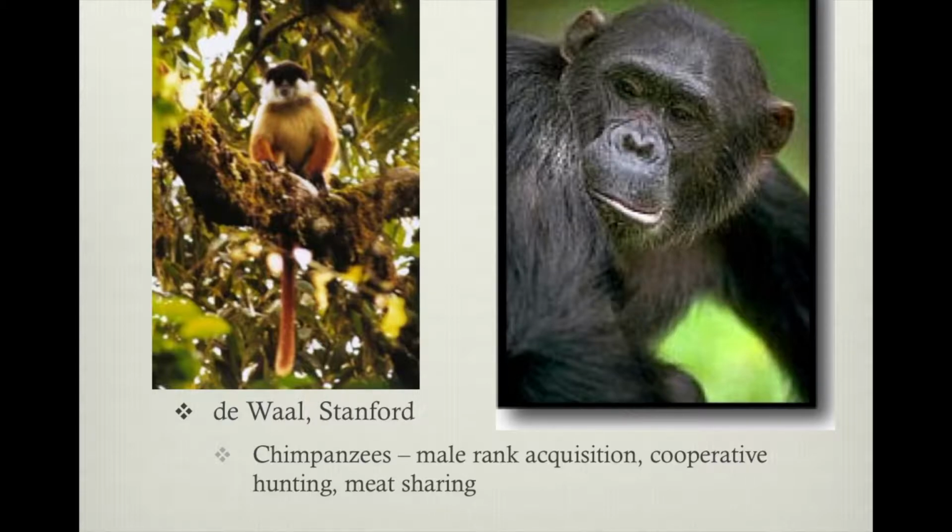After the monkey is killed, there's a food sharing bout. And so males share firstly with other males who took part in the hunt. Secondly, they share with other males who are allies or friends with them, even if they didn't take part in the hunt. And then thirdly, they share with females, oftentimes who are demonstrating sexual swelling, so demonstrating this degree of estrus. Of course, chimpanzees kind of lie with their sexual swellings.